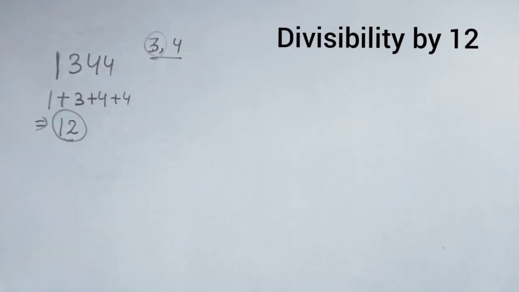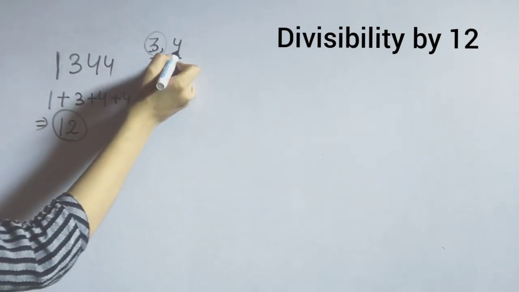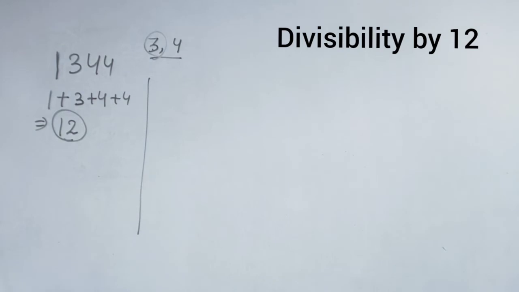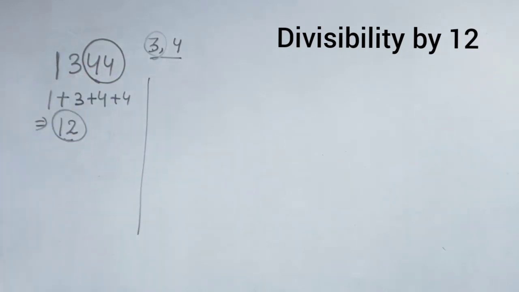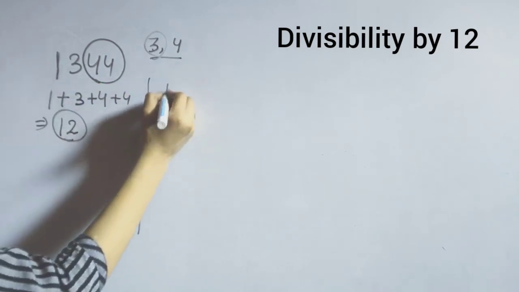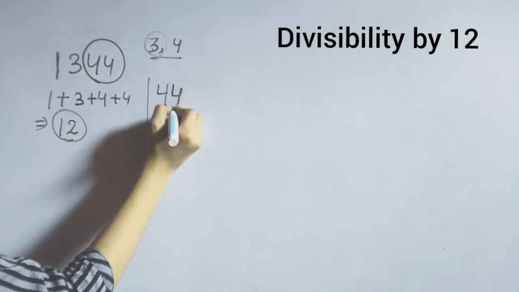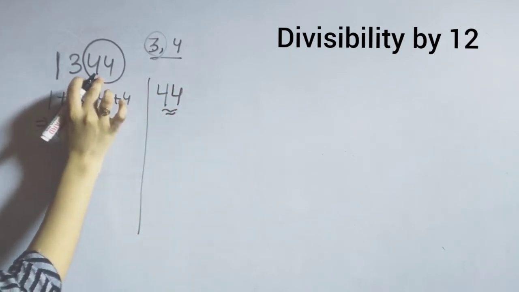So now we will solve it for 4. So what is the divisibility by 4? We will see the last two digits. If the last two digits are divisible by 4, then we can say this number is divisible by 4. So 44 is the last two digits.